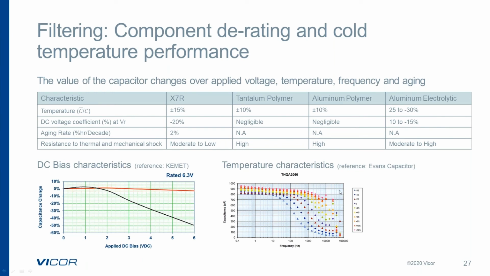So we need to make sure that the filtering components we select have the proper value over the temperature range. Here we see on this Evans cap that at low temperatures there is a significant drop in the effective capacitance of this particular part. That's something we need to take into account when designing our filtering system.